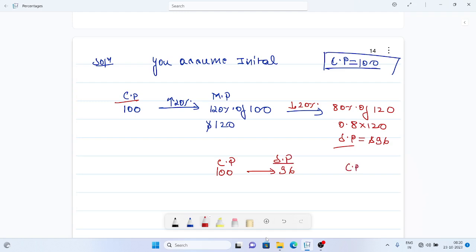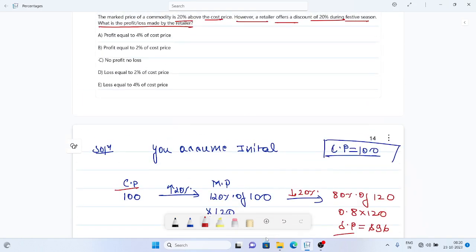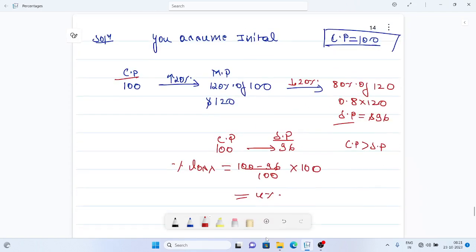So here cost price is greater than selling price, so we got a loss. So what is the loss? Loss percentage is 100 minus 96 upon 100 into 100, which is nothing but 4%. So here we got a loss of 4%. Loss is equal to 4% of cost price. Did you get this question?